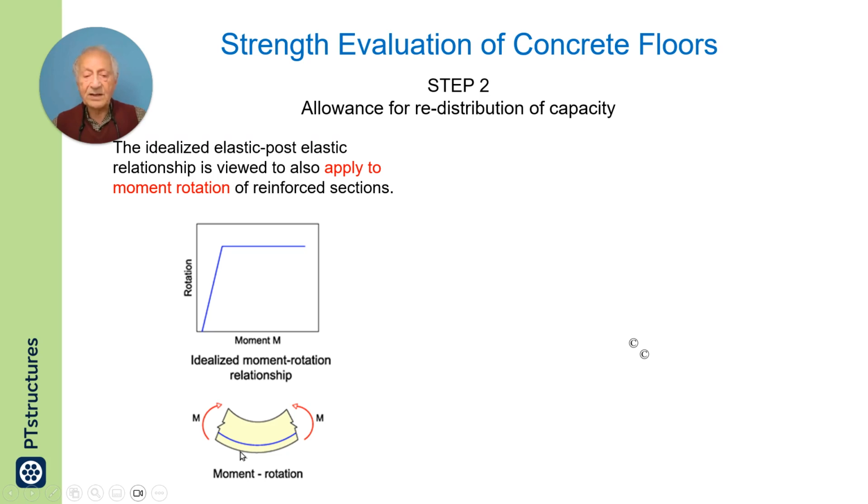A section that is under bending will deform initially in the elastic regime shown here, and then once it reaches its ultimate elastic limit, it will deform with essentially the same bending moment. This is the simplified diagram that we use in the analysis.